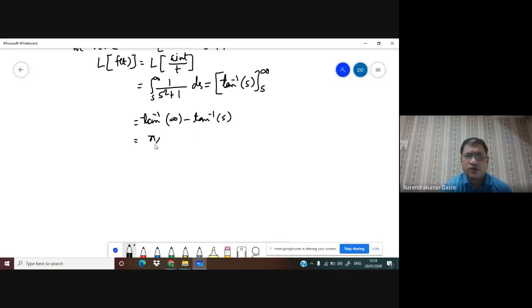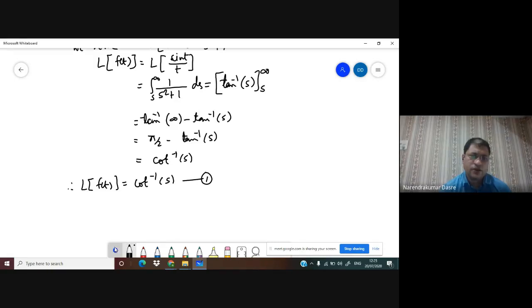So we got pi by 2 minus tan inverse of s, which is going to be cot inverse of s. So we got the Laplace of f of t is equal to cot inverse of s. Let this be equation 1.